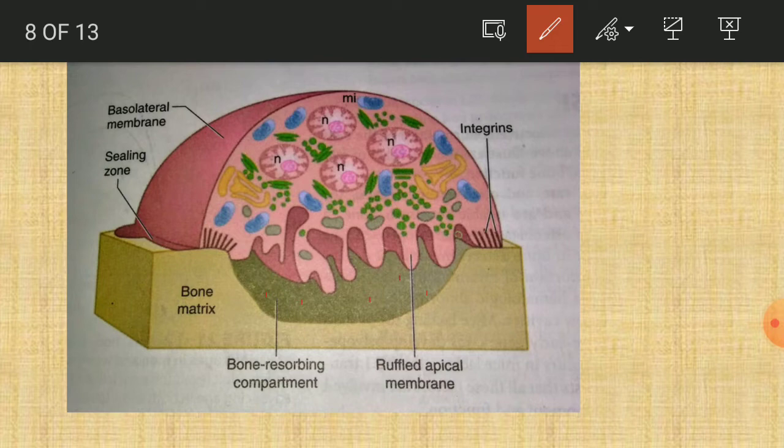The proteolytic enzymes liberated by the lysosomes dissolve the collagen proteins underneath, and the H+ ions liberated will dissolve the calcium phosphate crystals.